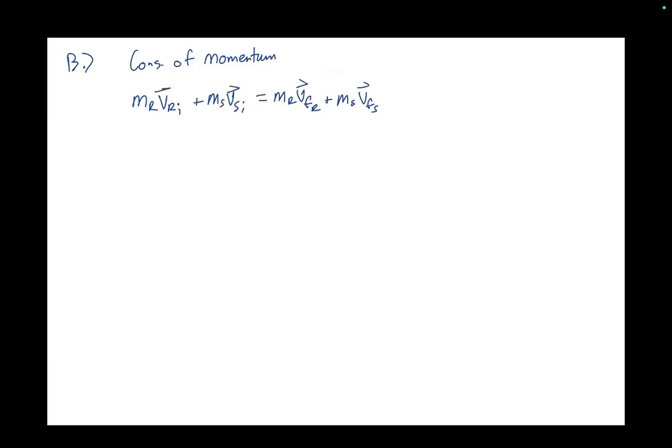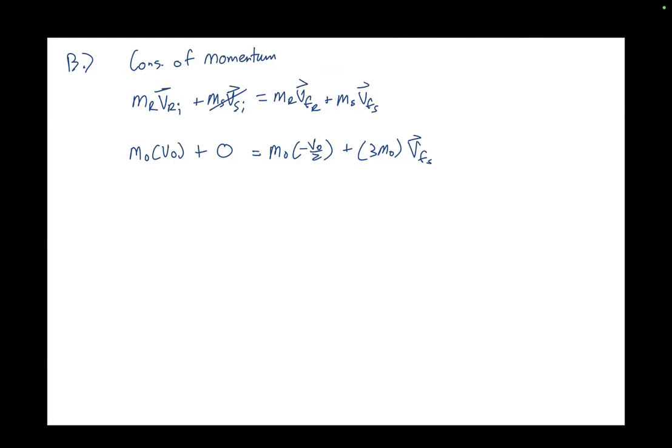If we start substituting, this is m naught times v naught plus 0, since S is not moving to begin with, and that should equal m naught times negative v naught over 2 plus 3 m naught, since S is 3 times as large, times its final velocity.